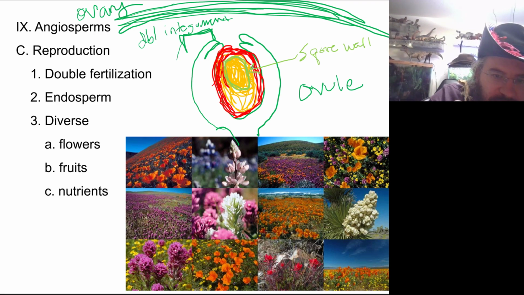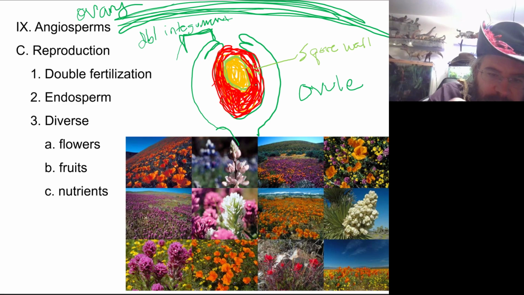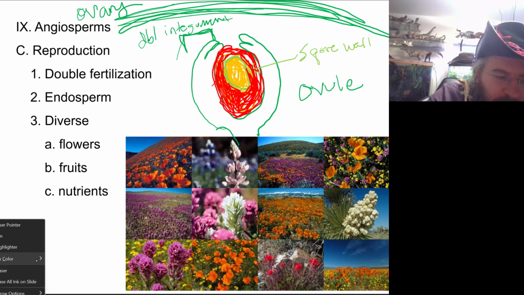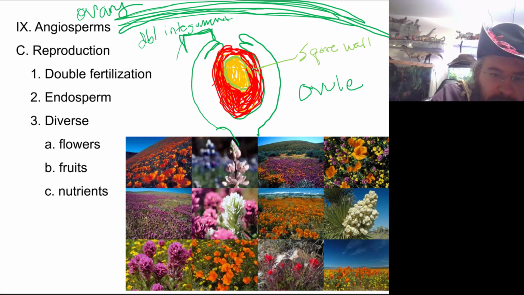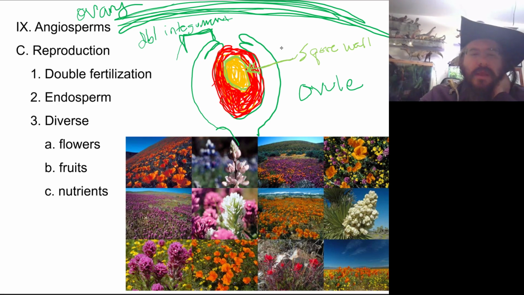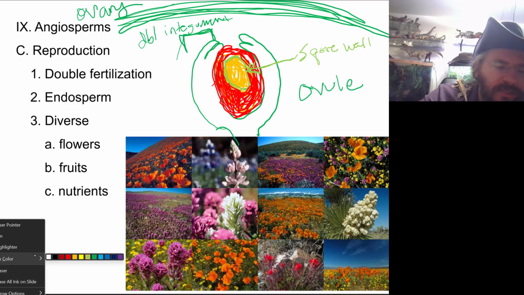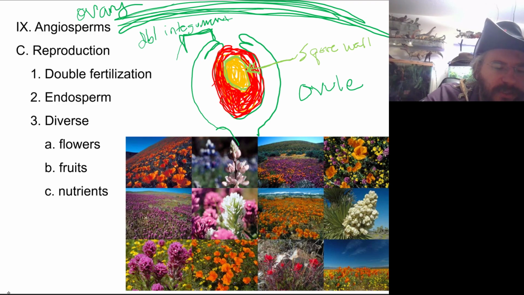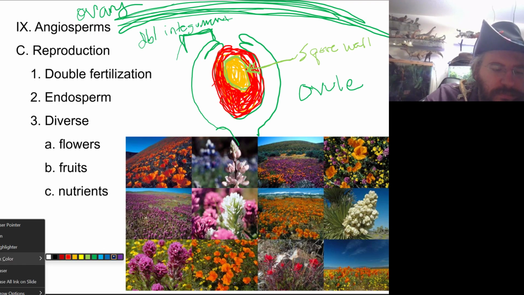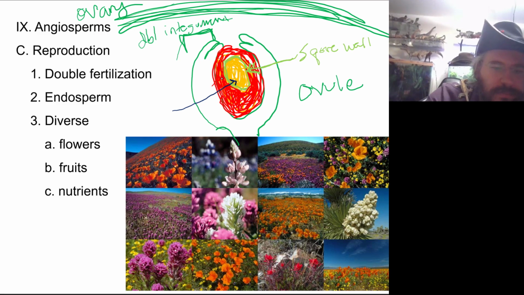There's a lot of sporangium because we produced 4 spores, of which 3 died back. Spore wall. And then orange is the spore. Megaspore.